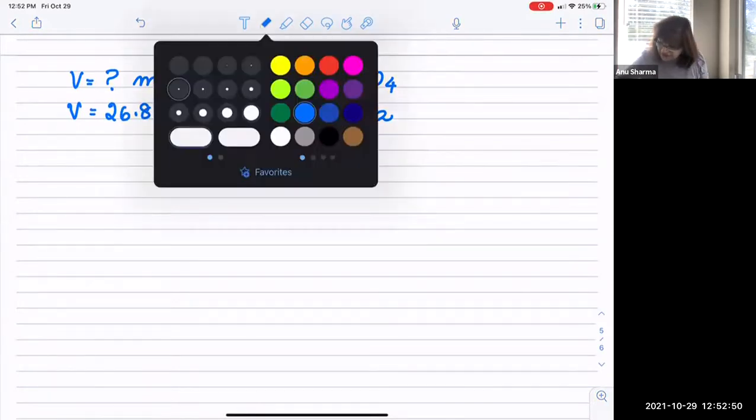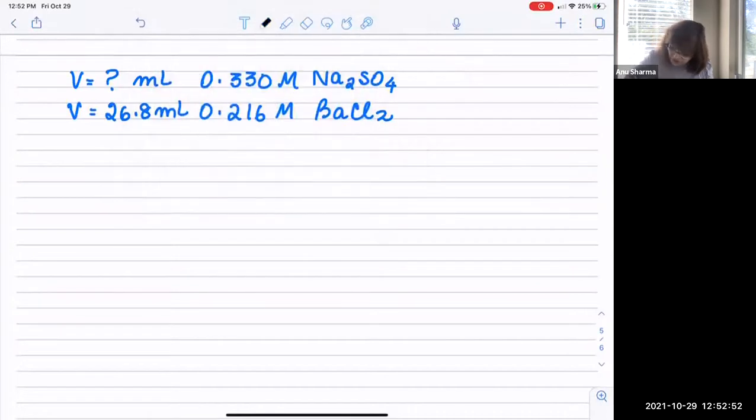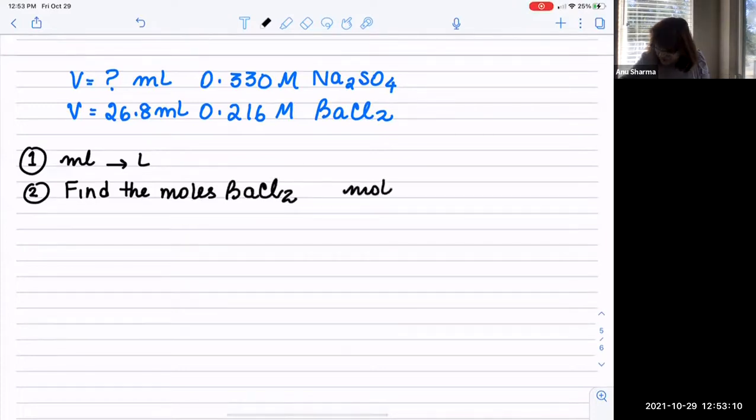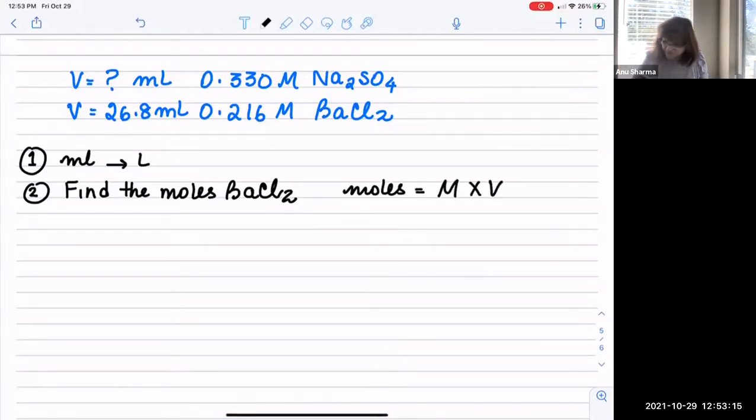So here is the strategy you're going to follow. First, you convert the milliliters to liters. Second, you find the moles of barium chloride using the formula: moles of barium chloride is equal to molarity times volume.